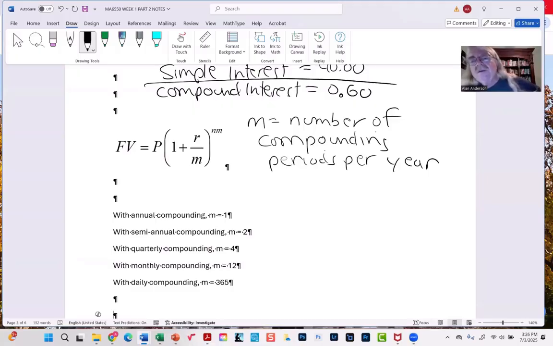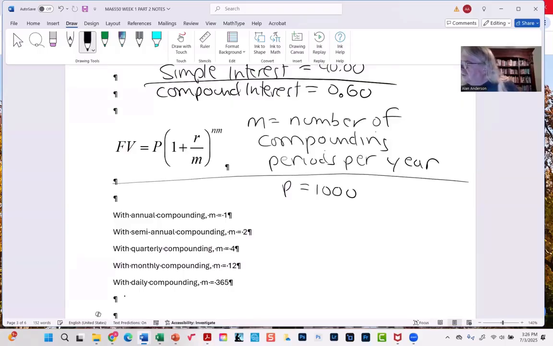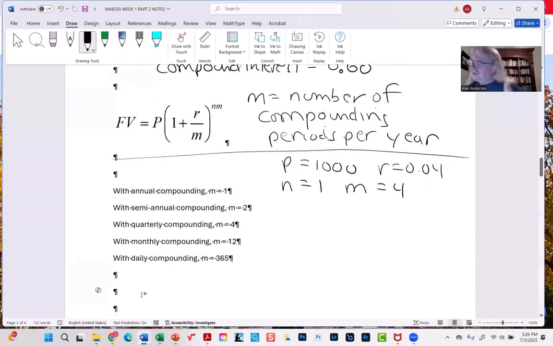Now, why don't we revisit this last case with quarterly compounding? So what you're going to see here is that P is 1,000. R, remember, was 4%. It's a 1-year investment, and M equals 4. So your future value is 1,000 times 1 plus 0.04 over 4 to the 4th power.